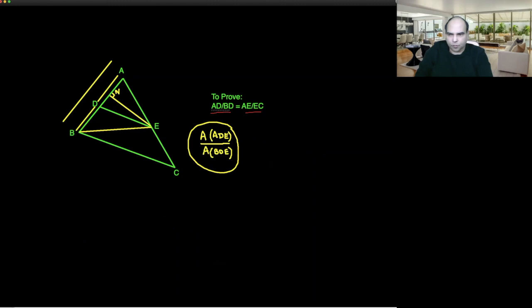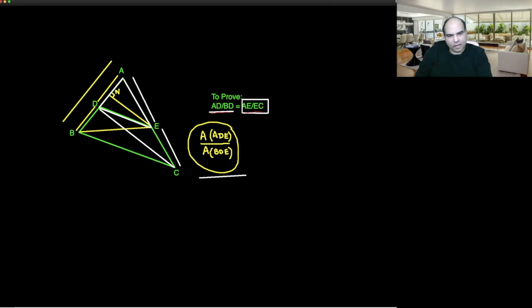So we have reached a point where we have been able to convert the left hand side into the ratio of two areas. If I try to do the same thing for the right hand side, and I look on this line, AE and EC as the base, then I can see that the triangle AED that you see here, and the triangle CDE that I can construct by connecting CD, which is why I should connect CD.